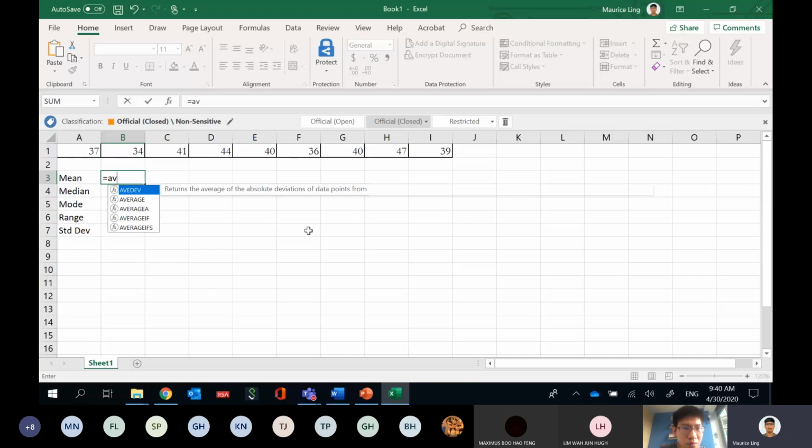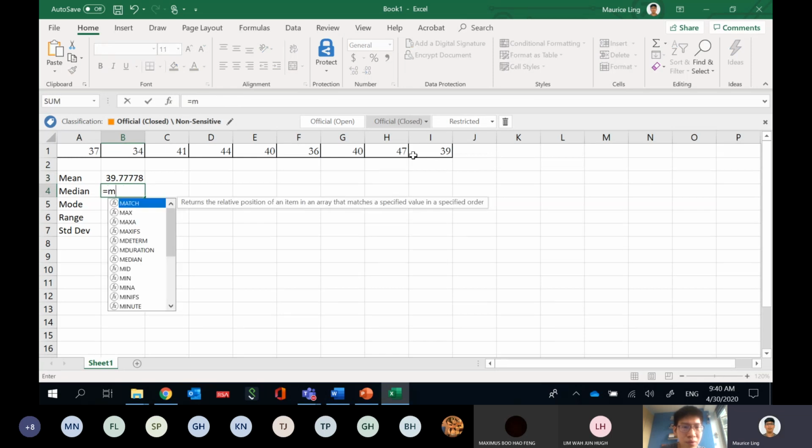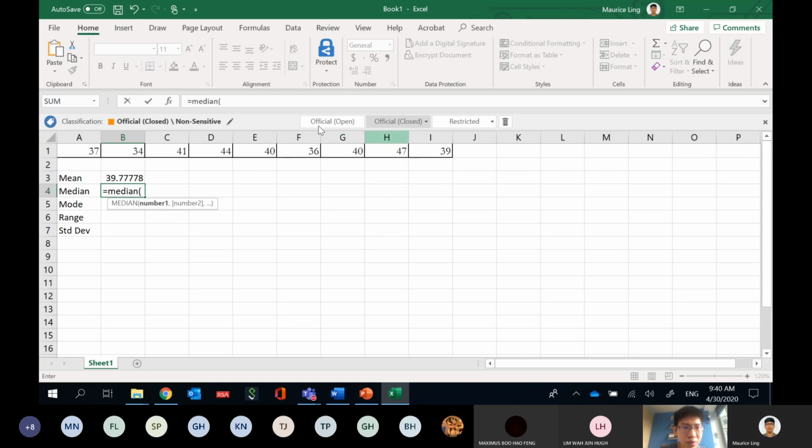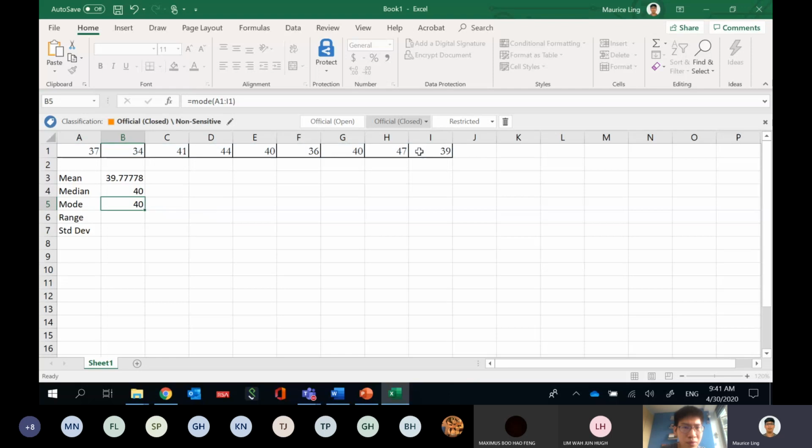So the mean is the average. The median is the function median. Mode is the function called mode. So this is one way of doing things.